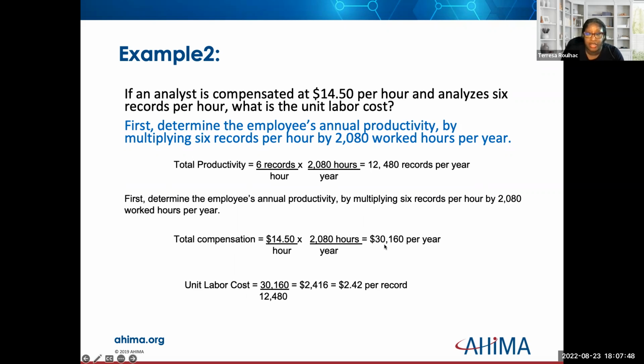We have your $30,160 per year divided by your 12,480 records per year, giving you 2.416, better stated, $2.42 per record. I'll leave that up so you guys can kind of see what the unit labor cost is per record.